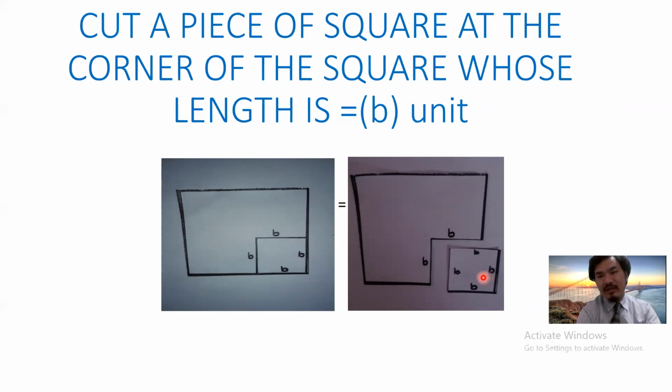This figure shows that from this big square, with area a square, we have subtracted the area of the square whose area is b square. Total was a square, from that we subtracted b square. Now let's move to the next figure.